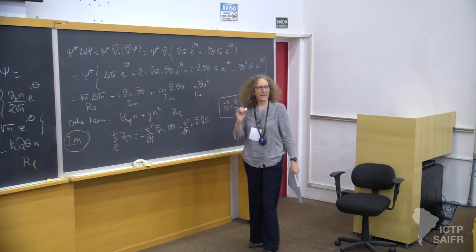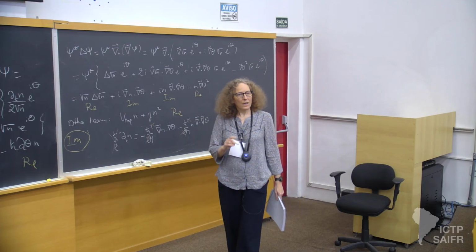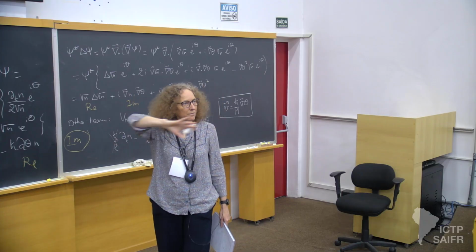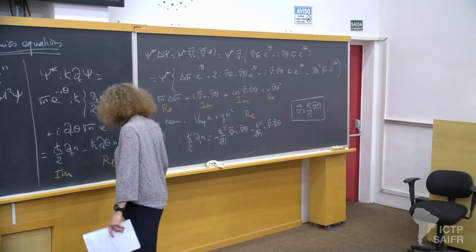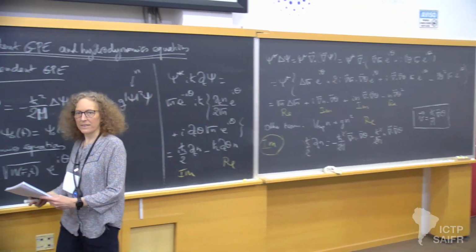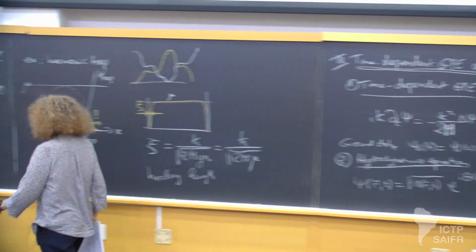So why do I say that it is a fluid velocity? Imagine you have a plane wave. The plane wave, you can write it as e to the I kr.